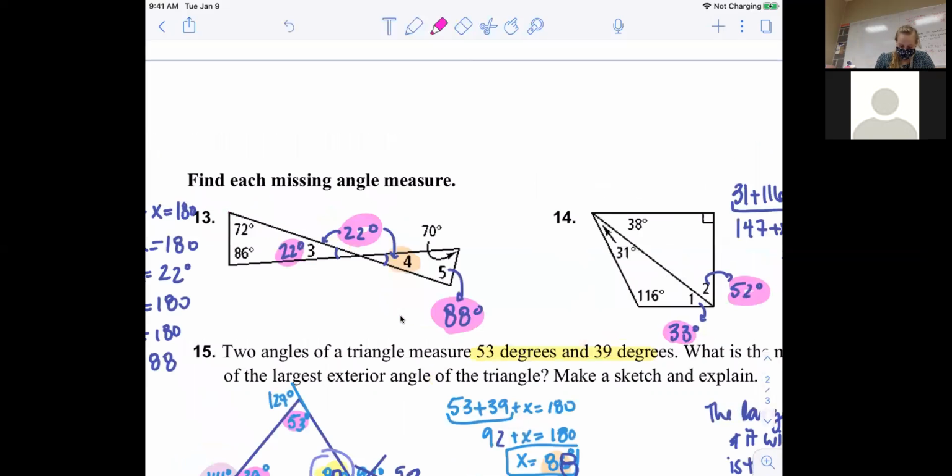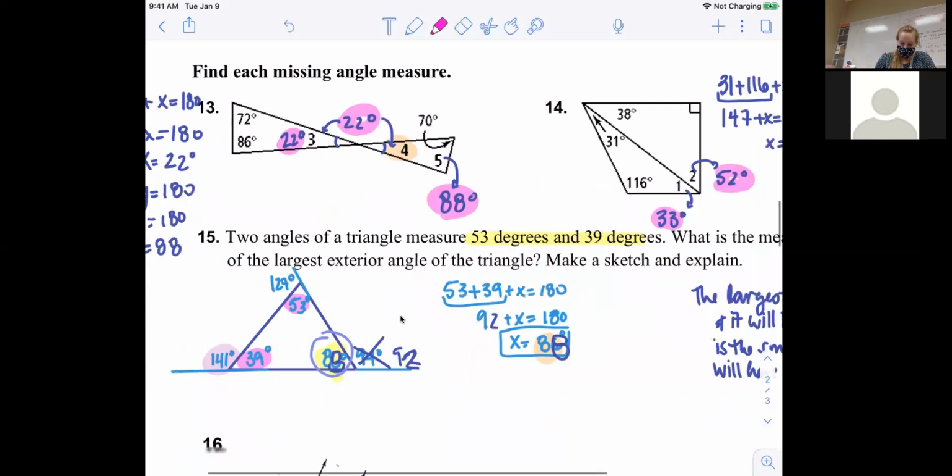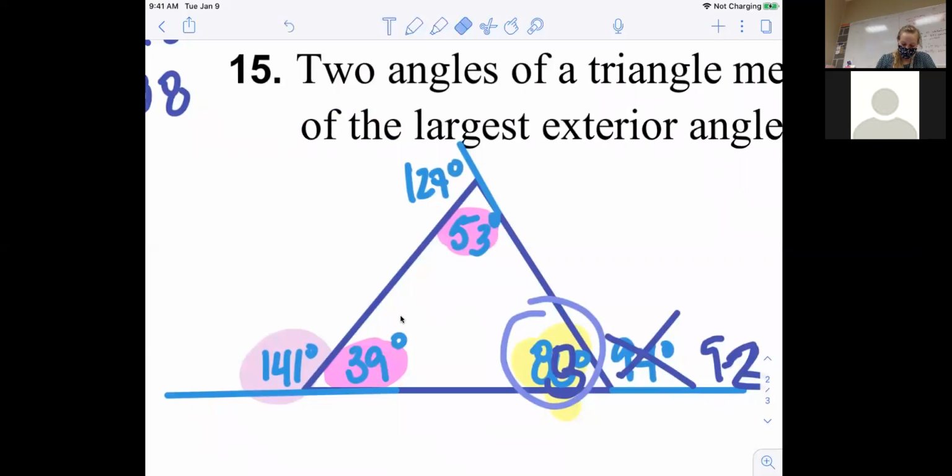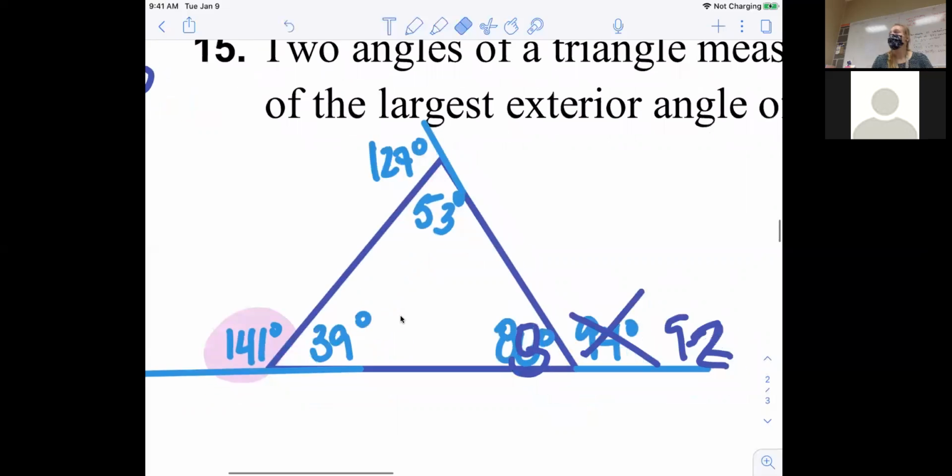All right, should I go down to 15? This one says 2 angles of a triangle are 53 and 39. What's the measure of the largest exterior angle? What I have going on here is a triangle. I knew that 2 of the angles were 53 and 39, so I knew that the other one was 88.